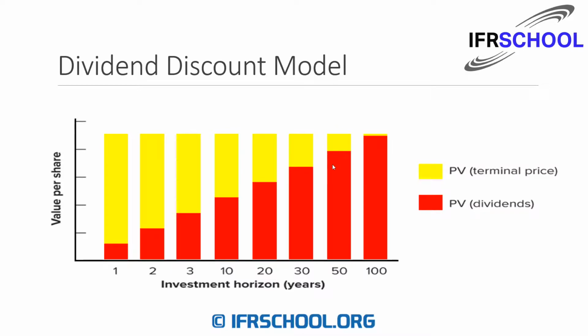This is because the investor will receive a stream of future dividends for 50 years, from the investment date up until year 50. In contrast, the portion of the overall value of the share that the investor expects to receive when they sell the share on in year 50 is a much lower proportion of the share's value.